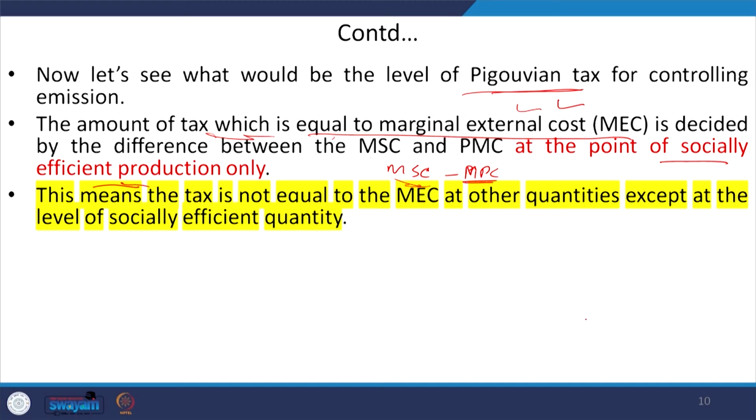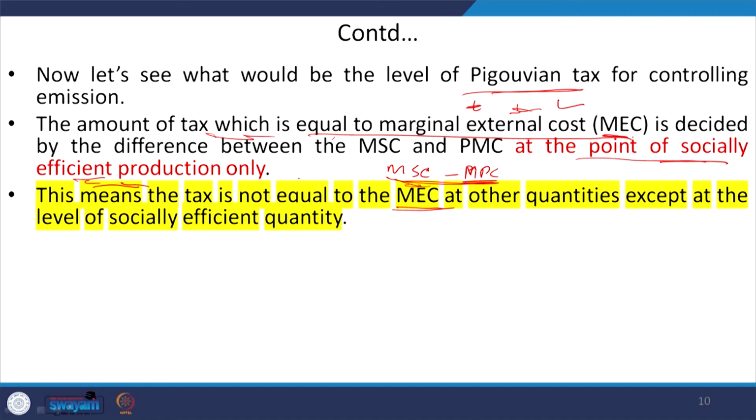So, marginal external cost is the difference between the marginal social cost and the marginal private cost, right. So, that means this Pigovian tax is equivalent to your marginal external cost, which is determined by the difference, marginal social cost minus marginal private cost. This tax is equivalent to the marginal cost, right, at the point of socially efficient production only.